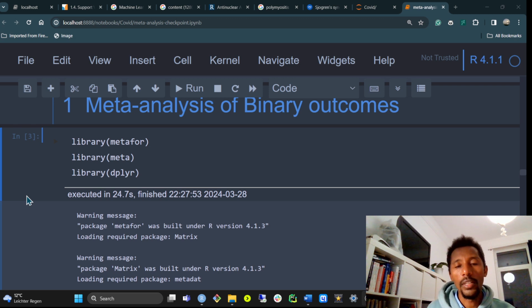If you know this 2x2 table with A, B, C, D, you can take this as A, this as B, this as C, and this as D, and this as the total. Here the columns are the disease and here the rows are the exposure.